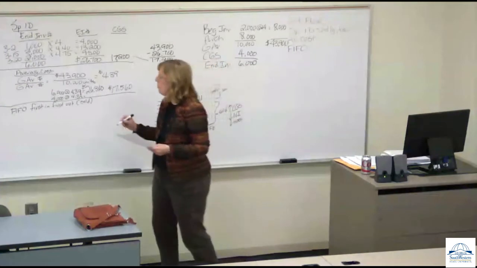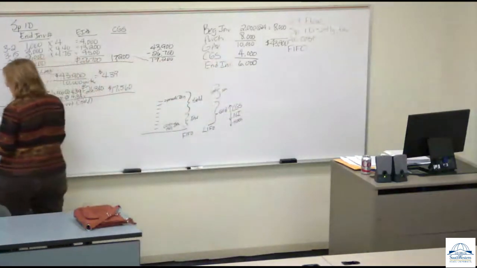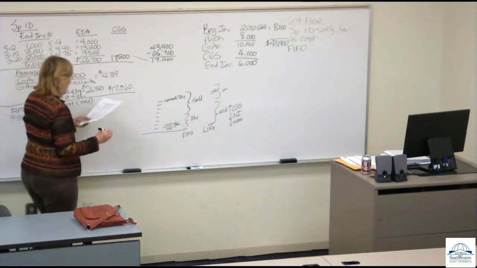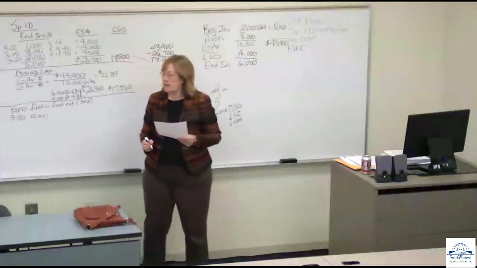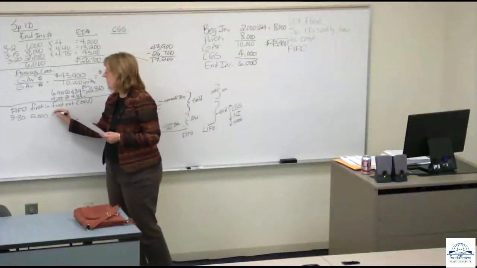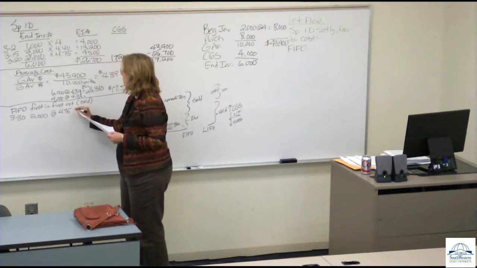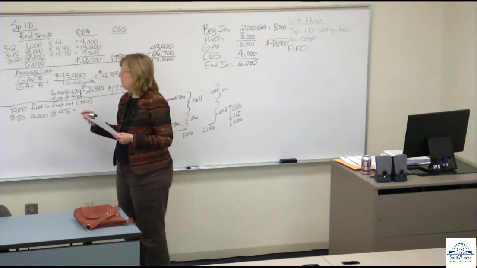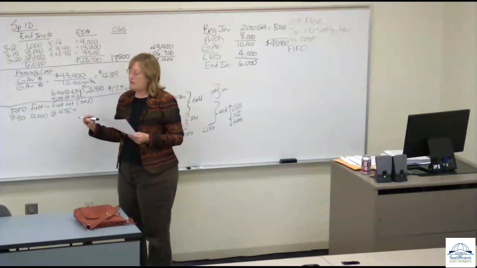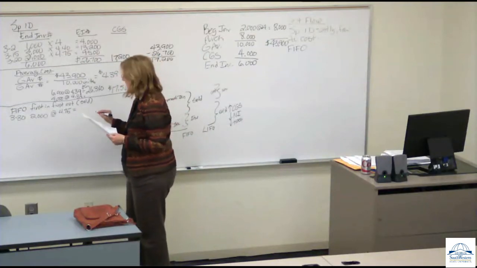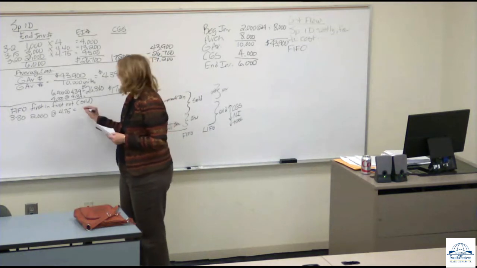We're going to start at the 2,000. On March 30th, we had 2,000. This is left in ending inventory. How much was our 2,000 at? $4.75. $4.75 equals $9,500.